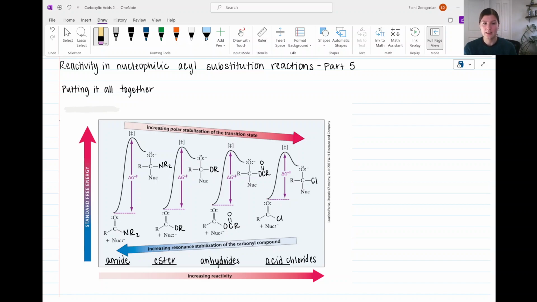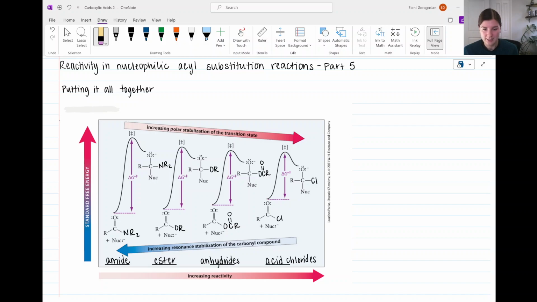Anhydrides have less resonance stabilization of the starting carbonyl compound, so the starting material energy is higher, and that means that's already more reactive than esters and amides. And then the intermediate is more stable than the intermediates for esters and amides because of the increasing polar stabilization of that transition state.